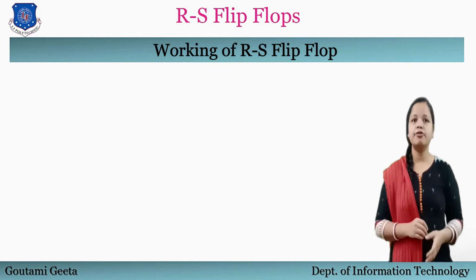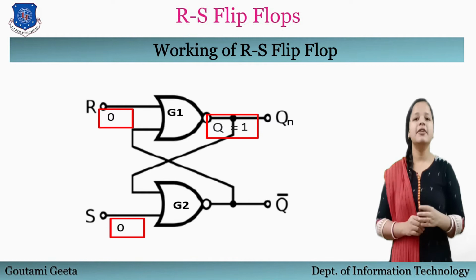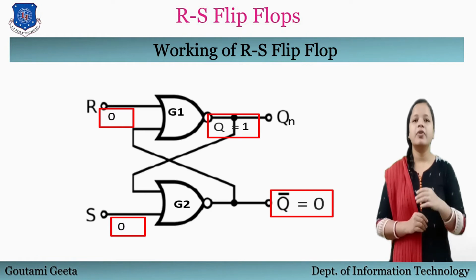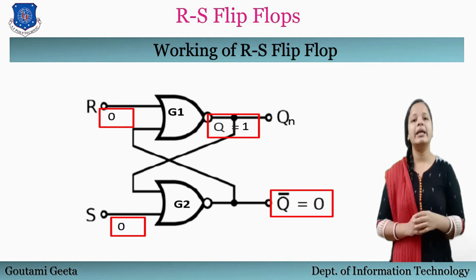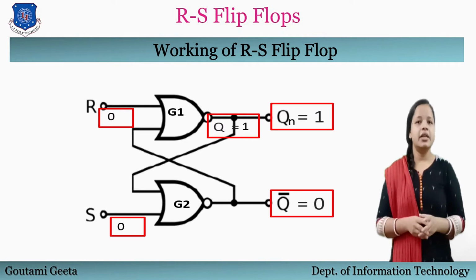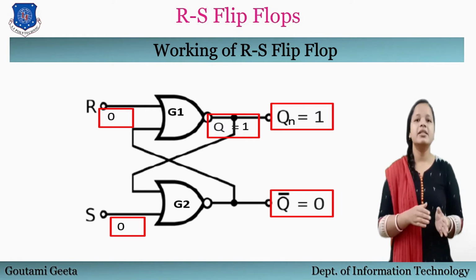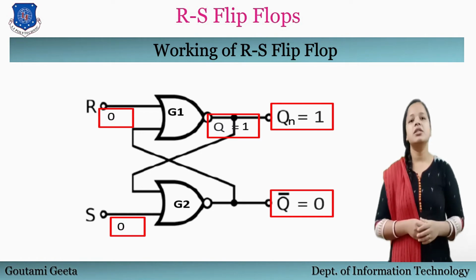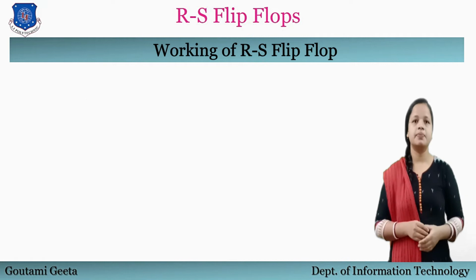Now we see if Q is equal to 1, then we get output for gate 2, Q dash, is equal to 0. This 0 is further provided to gate 1 and the output at gate 1 will be Q is equal to 1. We can see next state output will be as it is, that is Qn is equal to 1, and this state of no change is known as retained state.